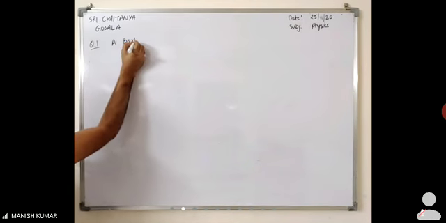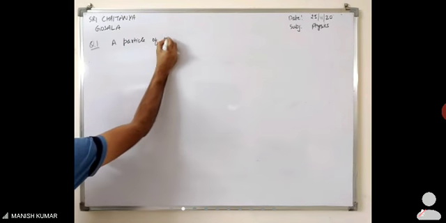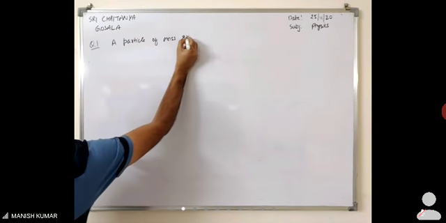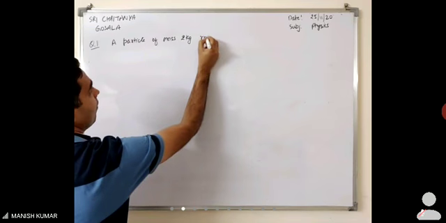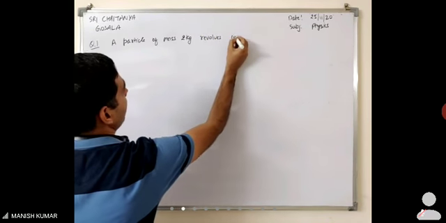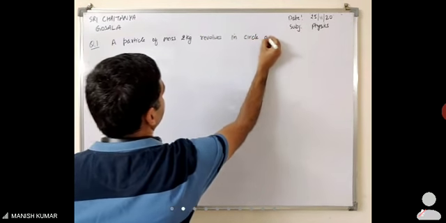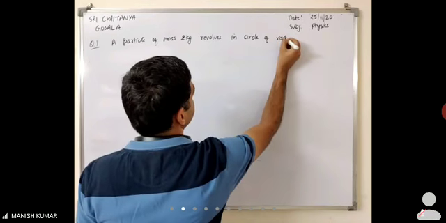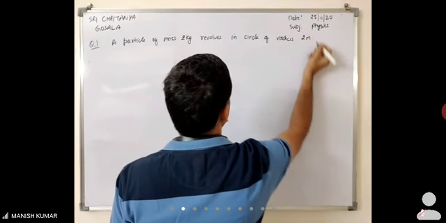A particle of mass 2 kg revolves in a circle of radius 2 meters.